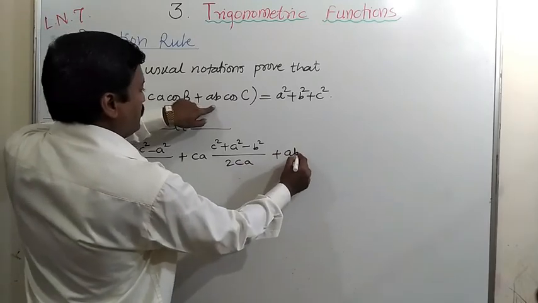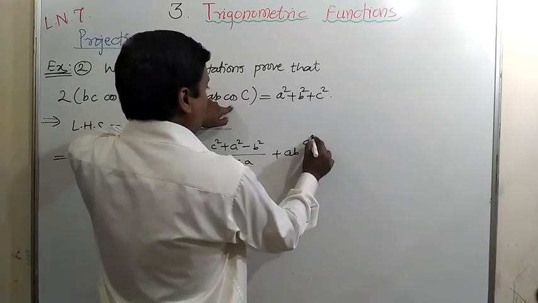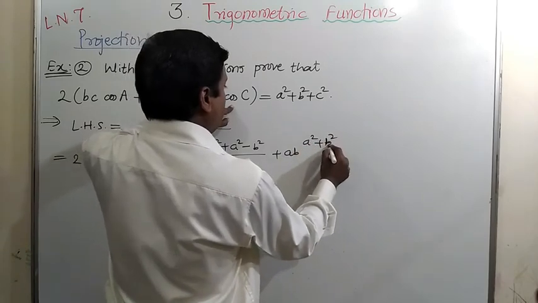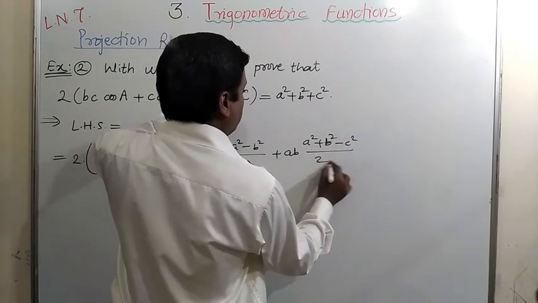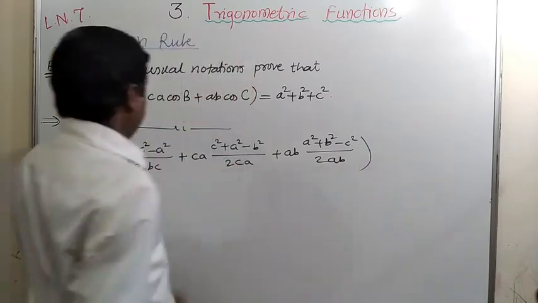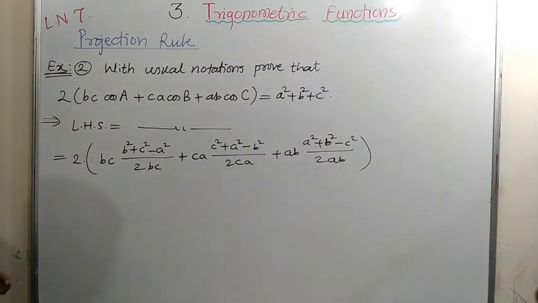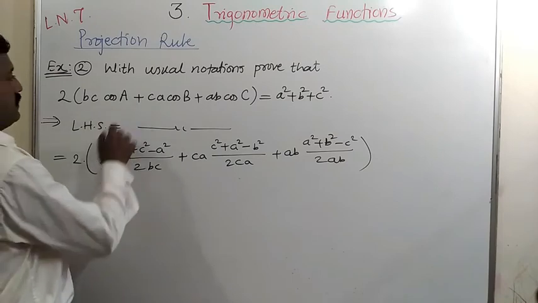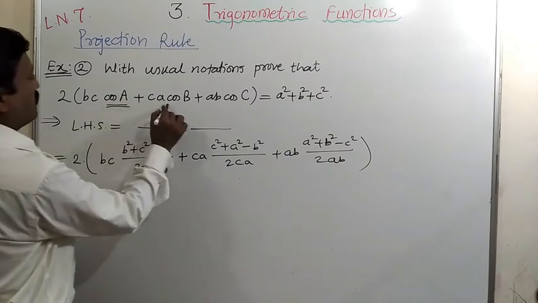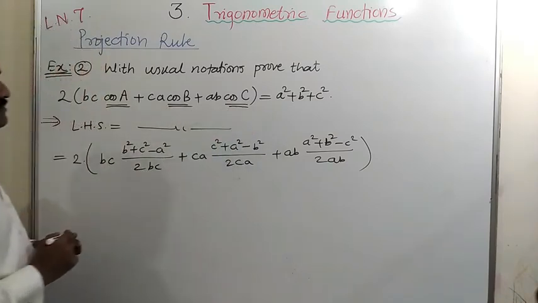Next, plus ab into cos C is a square plus b square minus c square upon twice ab. We have used cosine rules 3 times for cos A, cos B and cos C.